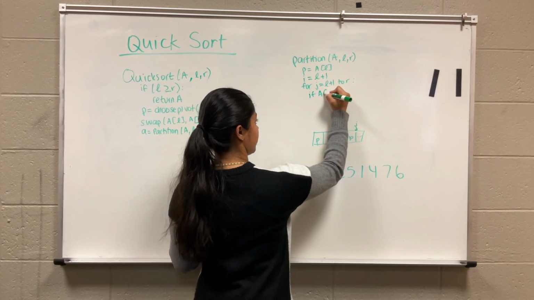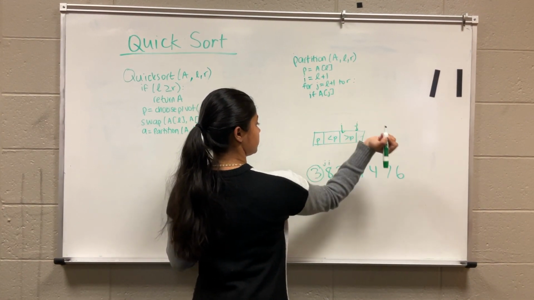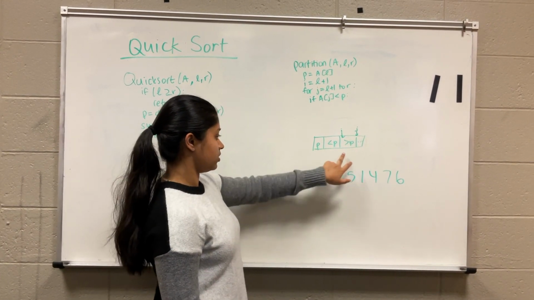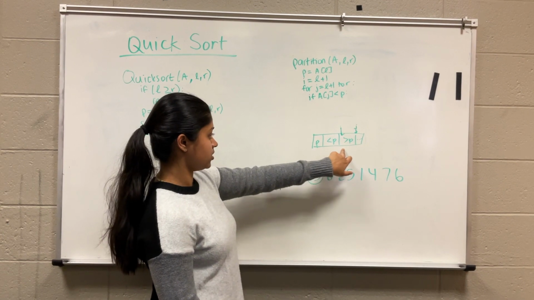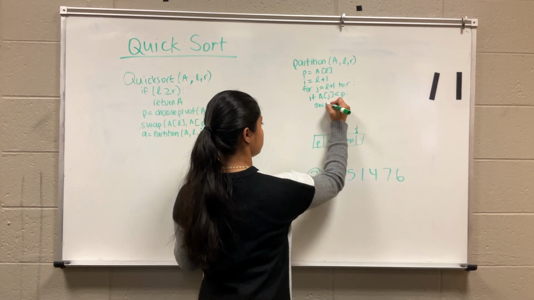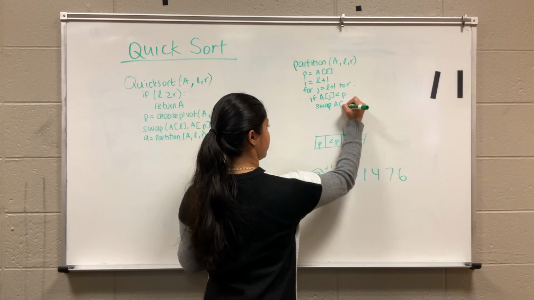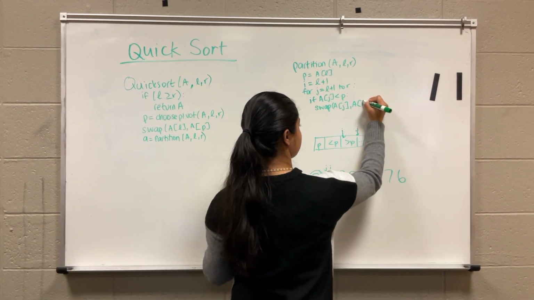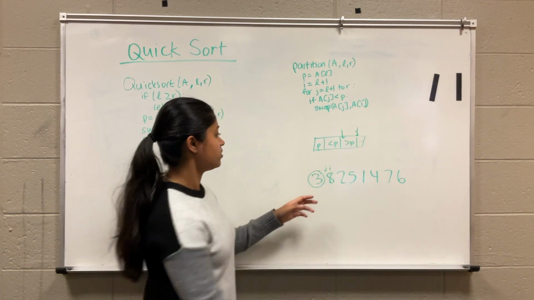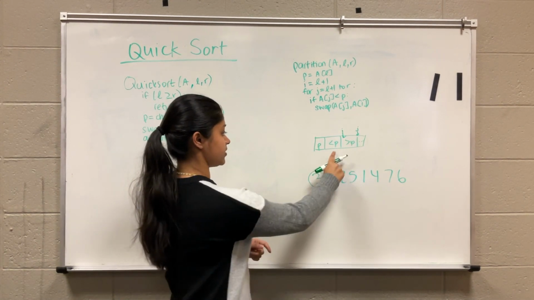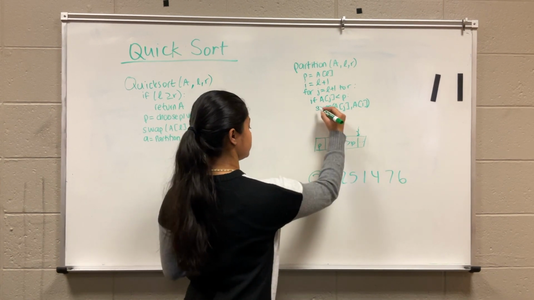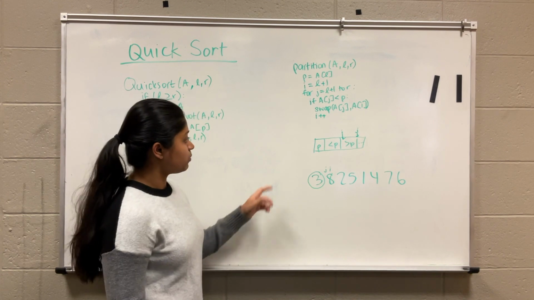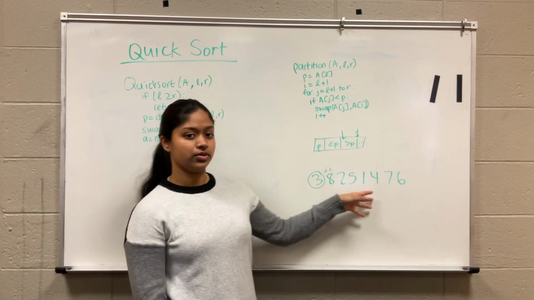If A[j] is less than p, we want to swap it with an element on this side and then increment I. So we're going to do swap A[j] and A[i] here. And then we're going to increment I because that will be another element in the less than p section. So I plus plus. And then we're going to do that until we've gone through each element in the array.